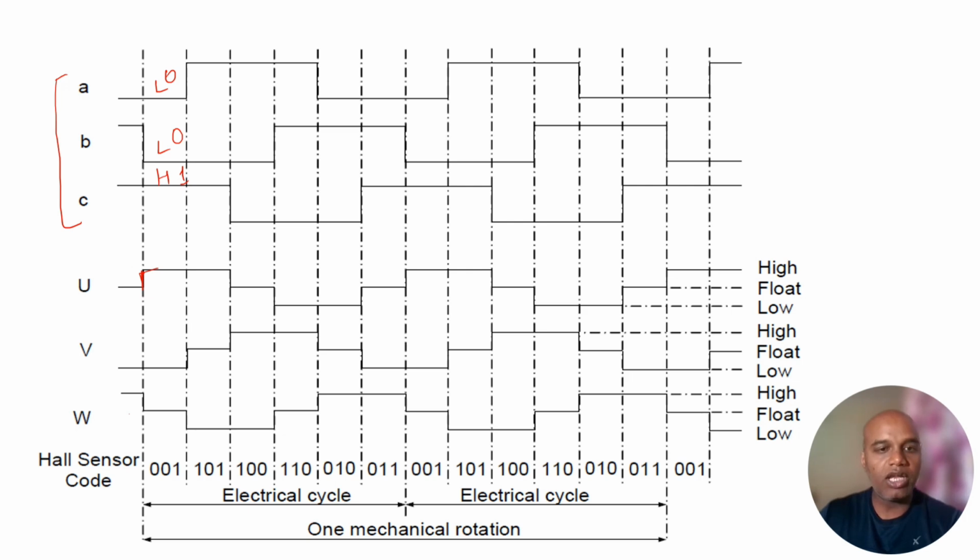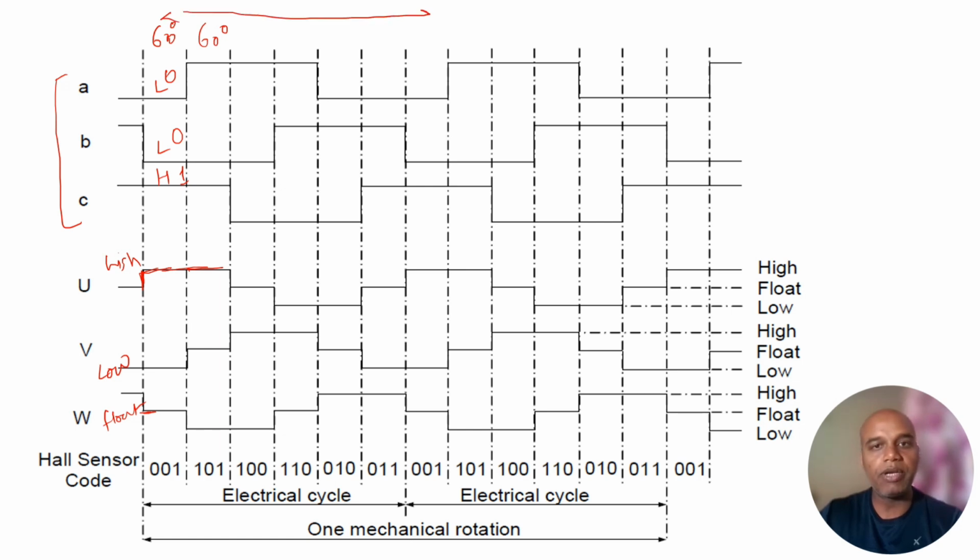So we have three positions over here. The U winding was energized and remained in action up to the next 60-degree rotation. So this is shown for 60 degrees, and this again further for 60 degrees, and then we are completing the 360-degree rotation over here.